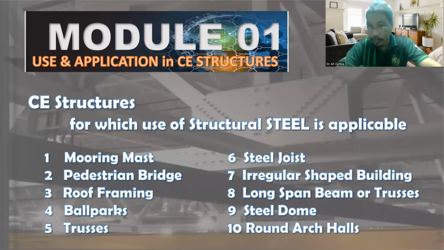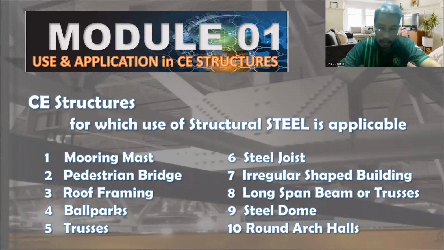Civil engineering structures now. Let us go to the practical examples around us or around the world, where structural steel is applied. Where in the world can we find applications of steel structures? There are so many things, popular ones, tourist spots.